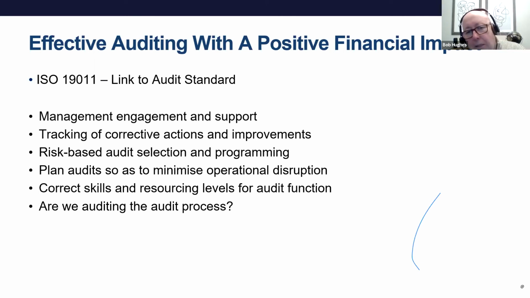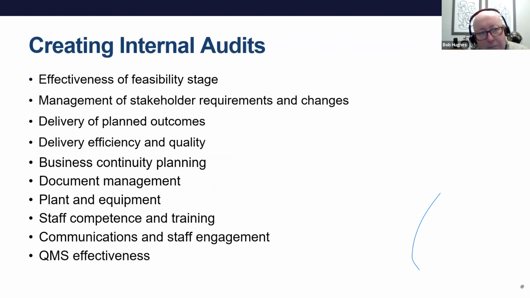But people say the process is no good. Do they fully understand what they mean when they say that? The process is there to get us from an input to an output. What part of it is not delivering excellence? So these are the type of things that we could start to look at in terms of effective auditing with a positive financial impact. This is where we're going for excellence.